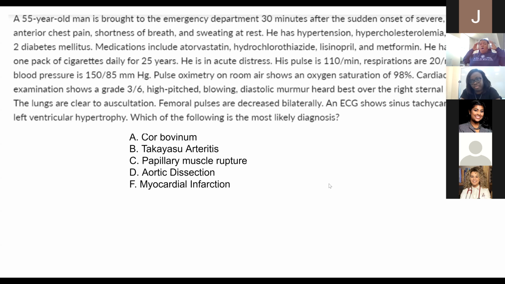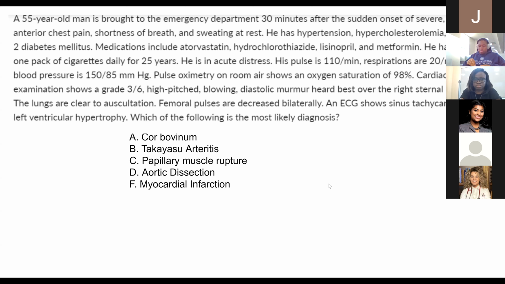So it's called a cow's heart. Usually you have hypertrophy of the left ventricle because of volume overload. It goes back into the pulmonary system and then into the right side, and then you can get right ventricular hypertrophy. So that one, you wouldn't have sudden onset of severe migrating anterior chest pain.